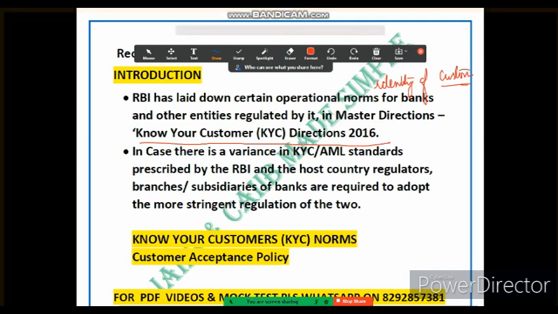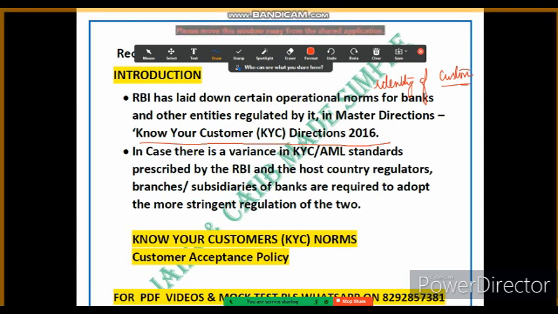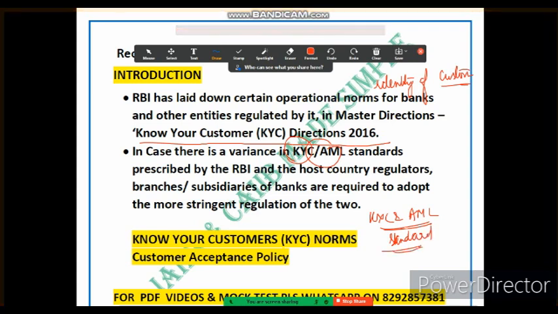The second point is the case of variance. Sometimes there may be a difference between KYC and AML standards. These KYC and AML standards are set by the RBI, but sometimes a difference arises with the regulator of the country where the bank branch or subsidiary is located.